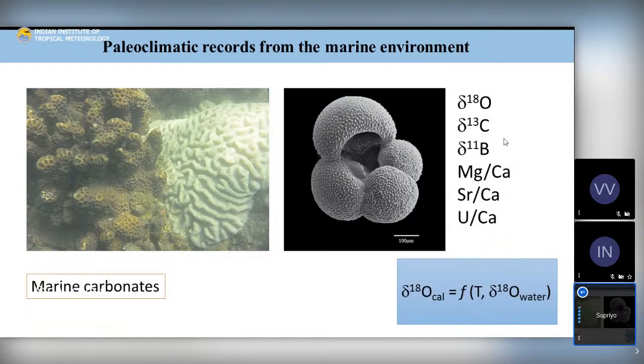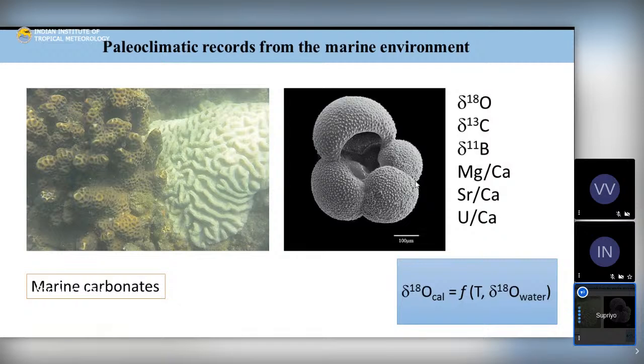For example, strontium calcium depends on the temperature through its distribution coefficient. When strontium is incorporated in coral calcium carbonate, it is mainly driven by the distribution coefficient, which is a function only of temperature, and it is independent of seawater chemistry.